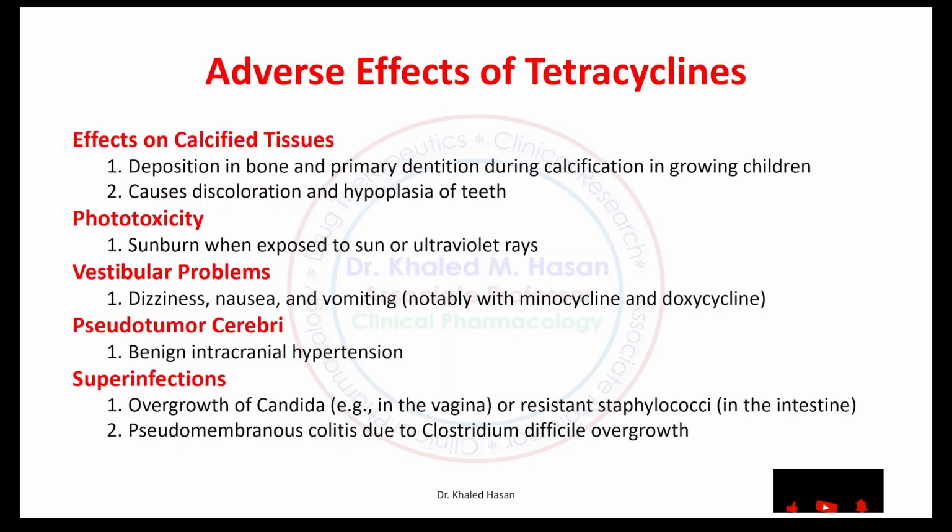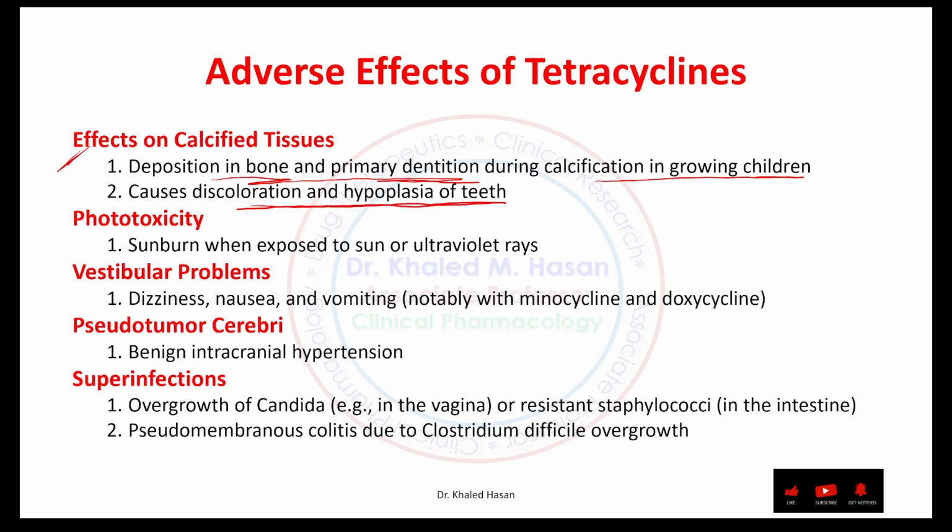Okay, some explanation about the adverse effects of tetracycline. As you can see here, tetracycline has an effect on the bone and on calcified tissues. You can see the tetracycline deposition in the bone and the primary teeth, and this affects growing children and may cause discoloration and hypoplasia of teeth.